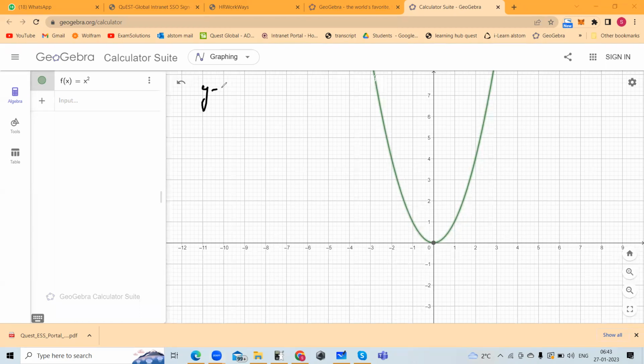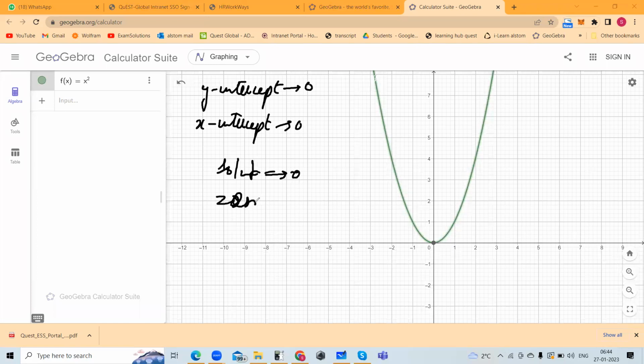So its y-intercept is 0. Its x-intercept is 0. So that means its solution is 0. Like the root, or the zero, is 0, or the roots are 0. So this is a parabola, which is the simplest parabola possible.